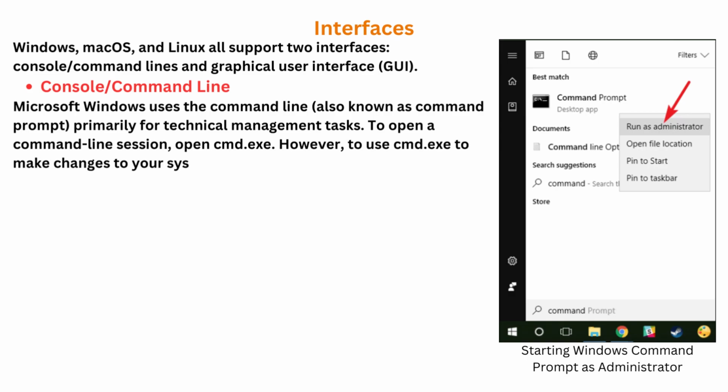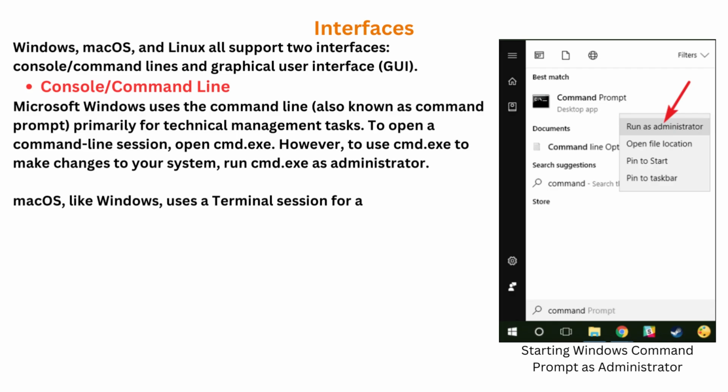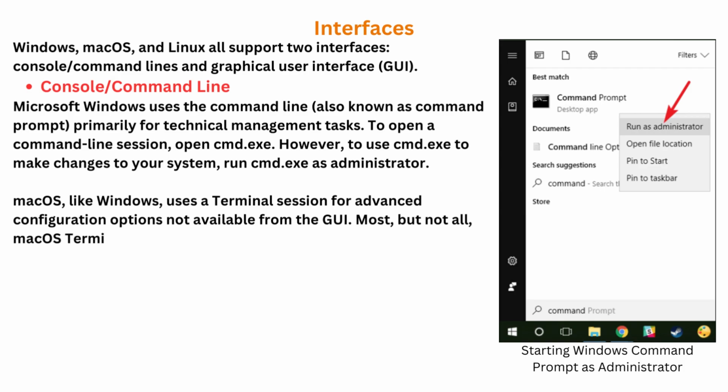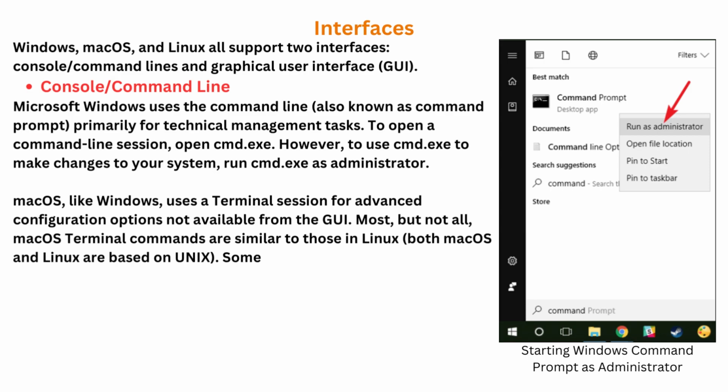However, to use cmd.exe to make changes to your system, run cmd.exe as administrator. macOS, like Windows, uses a terminal session for advanced configuration options not available from the GUI. Most, but not all, macOS terminal commands are similar to those in Linux. Both macOS and Linux are based on Unix.